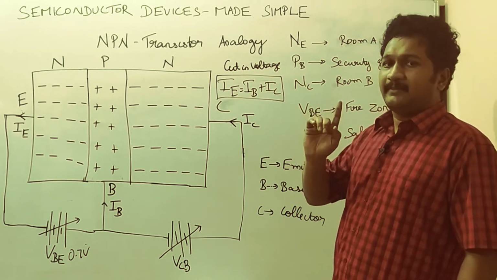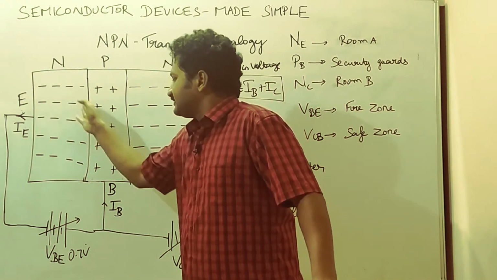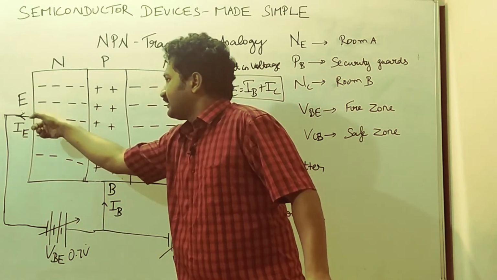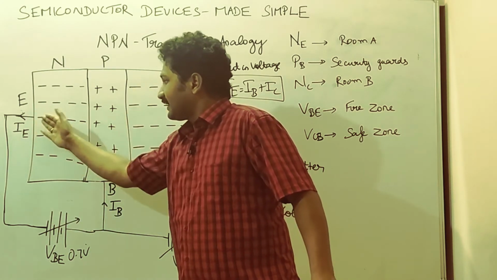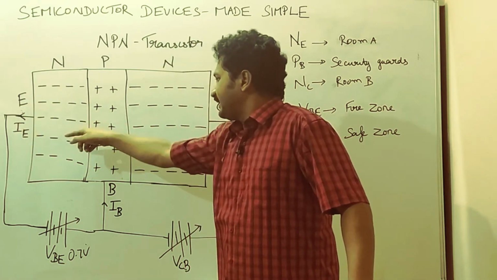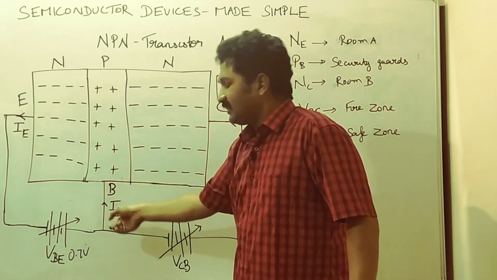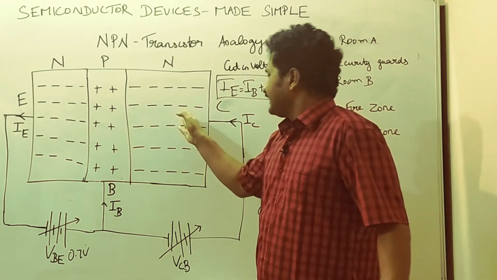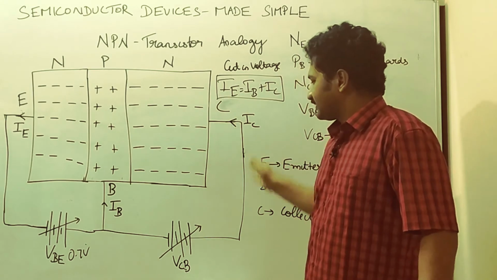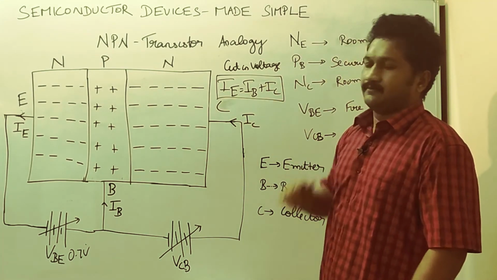Coming to current, electrons get repelled in this direction due to the negative terminal connected here, so the emitter current flows in the opposite direction to that of the electrons. Here recombination takes place, so electrons move in this direction and the base current moves in the opposite direction. Again, attraction of electrons takes place and the collector current moves in the opposite direction.